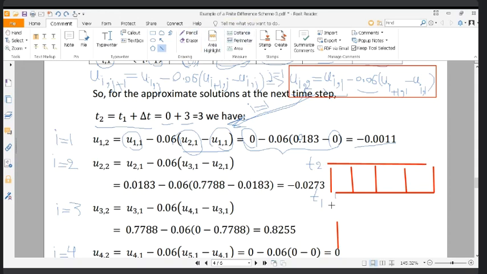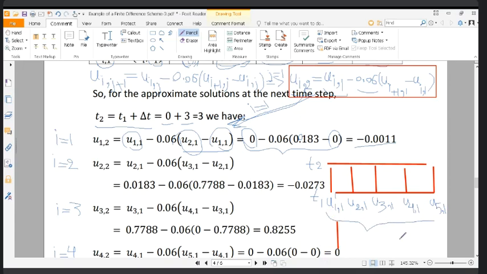The values of u, we have u1,1, u2,1, u3,1, u4,1, and finally u5,1. All of them are known.